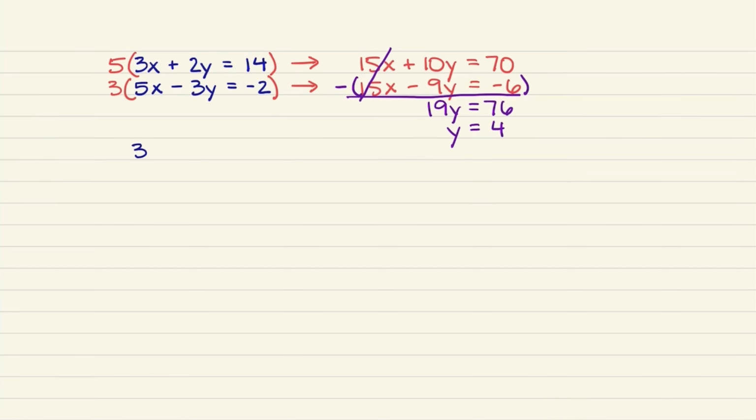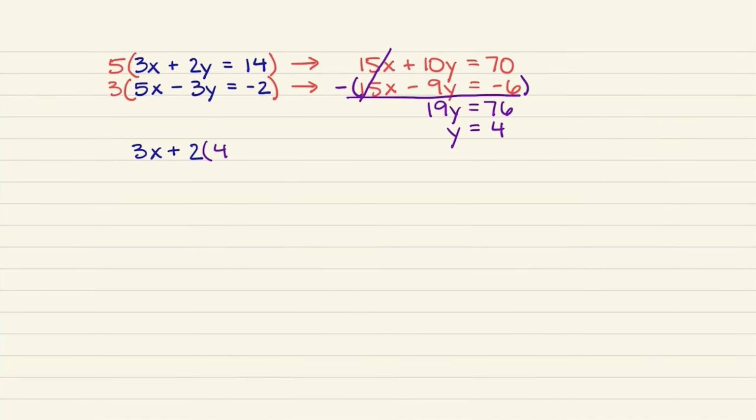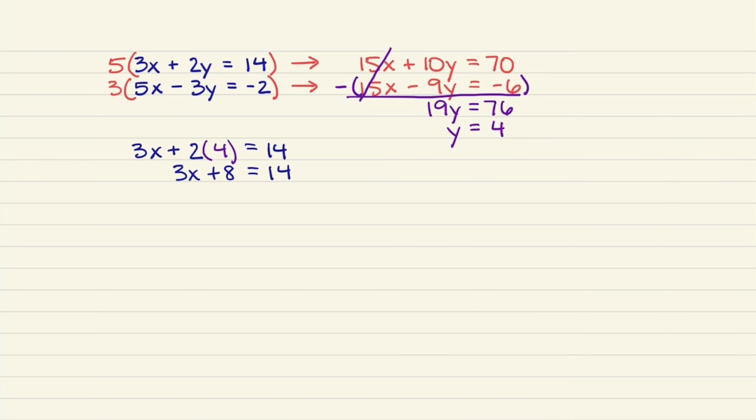So 3x plus 2 times 4 equals 14. 3x plus 8 equals 14. Subtract 8 from both sides and we get 3x equals 6. Divide by 3 and x equals 2. So our final answer is 2, 4.